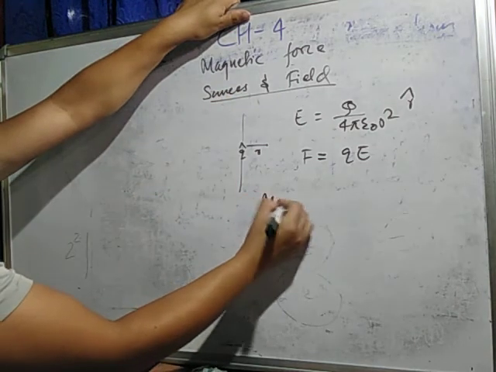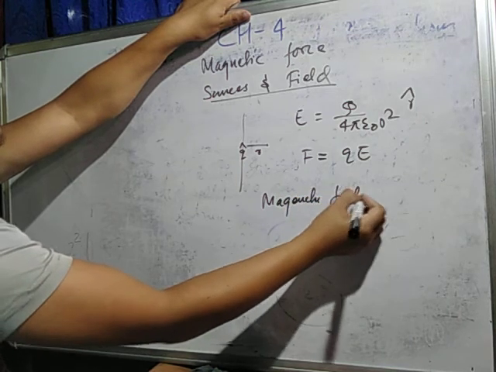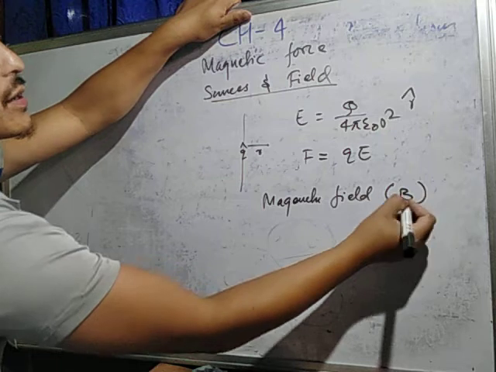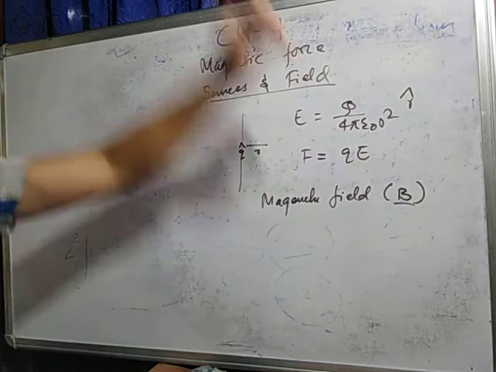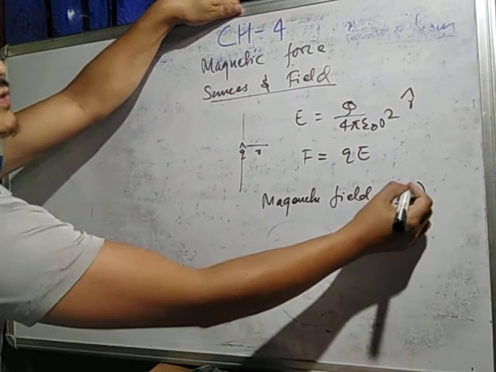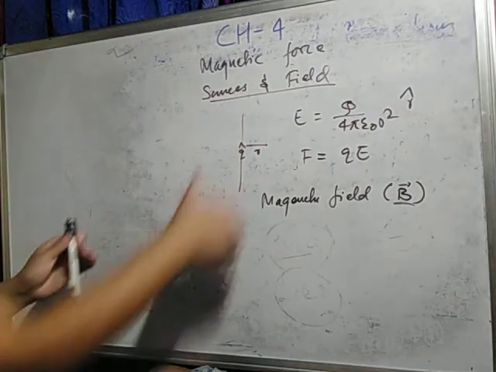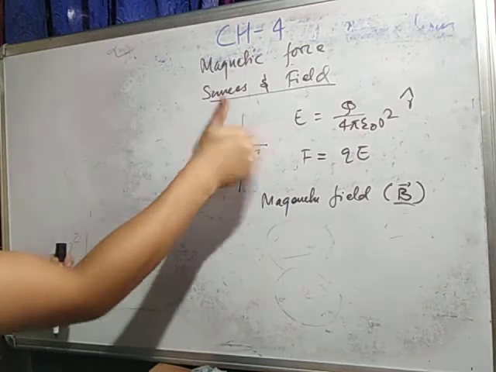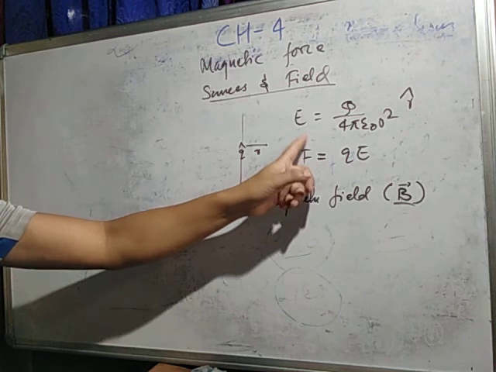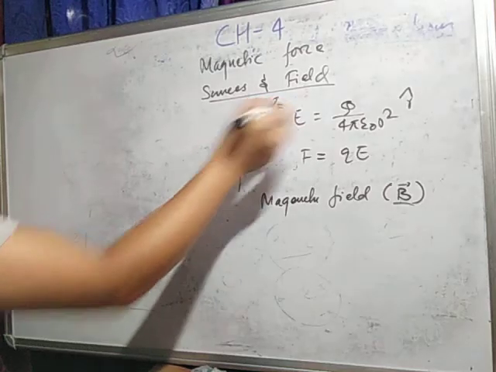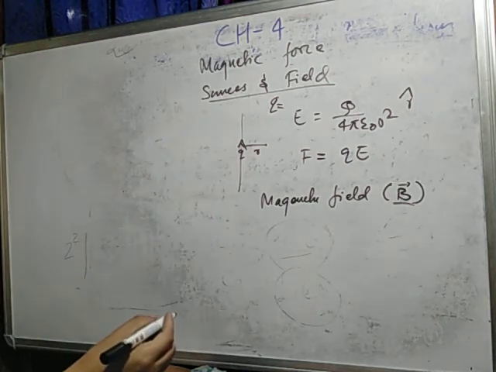That is the magnetic field, denoted by capital letter B. It is also a vector quantity, with a direction. This is the current and this is the direction of the magnetic field. Who made the electric field? A charge made it, as we studied in the first chapter. But the magnetic field is made by moving charge.